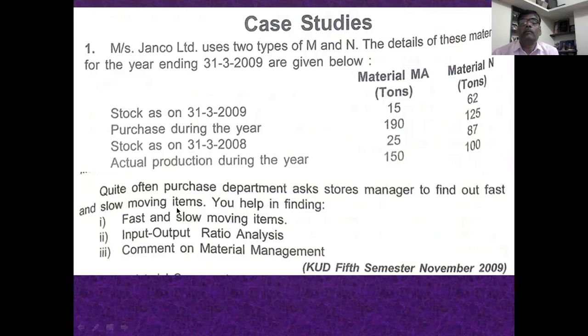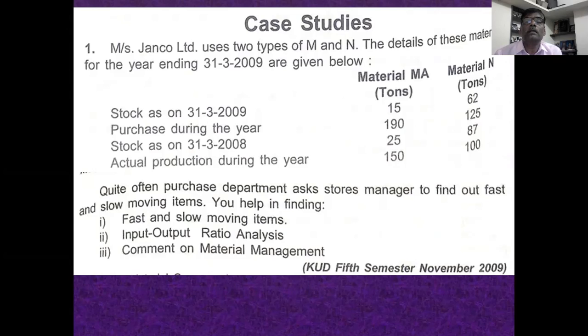The purchase manager has the duty of purchasing the material as and when it is required. Therefore, he asks the storekeeper which is slow moving and which is fast moving, because he is to take a decision regarding the purchase.